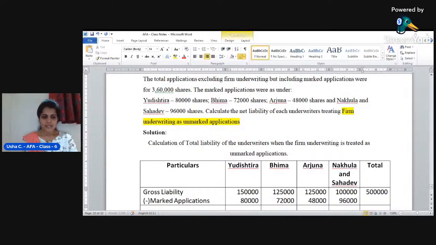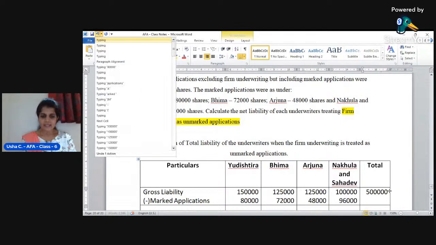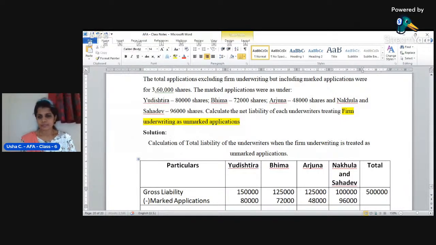2,96,000. Correct? What is this 2,96,000?